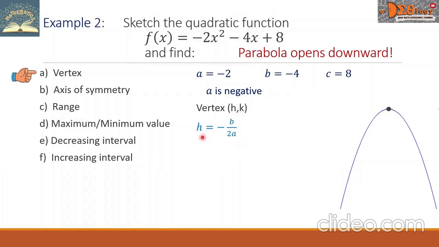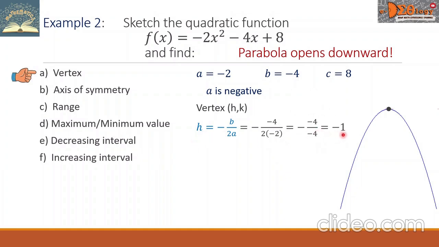Beginning with h, the formula is negative b over 2a. b is negative 4, a is negative 2. So this is now the negative of negative 4 over 2 times negative 2. We simplify the denominator as negative 4, and finally the value is negative 1.